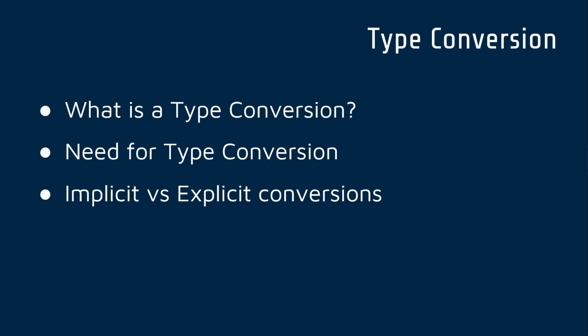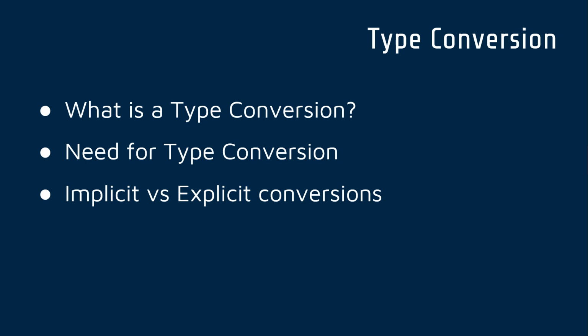Whatever conversion happens, Python takes care of it and automatically converts it for you. As a user, you do not have to give an extra command for implicit type conversions.